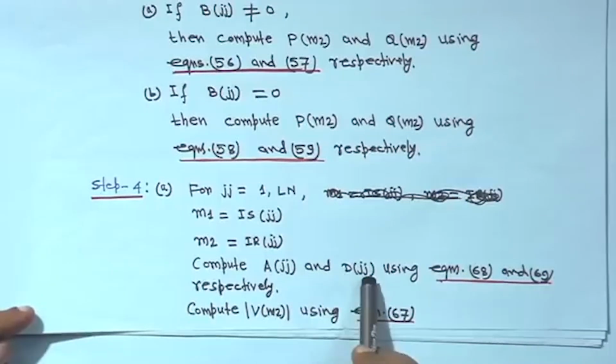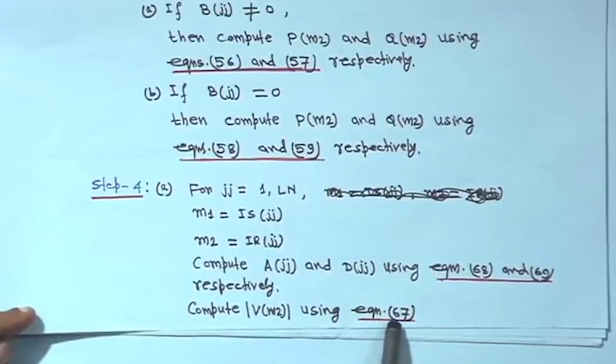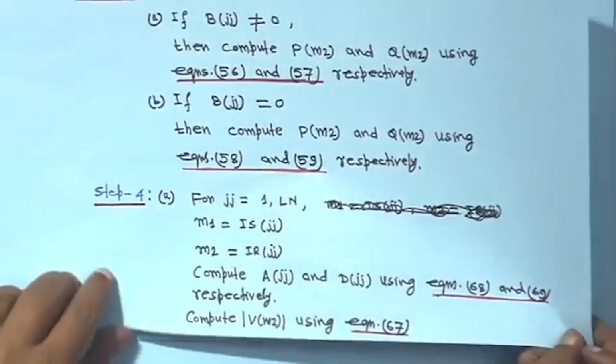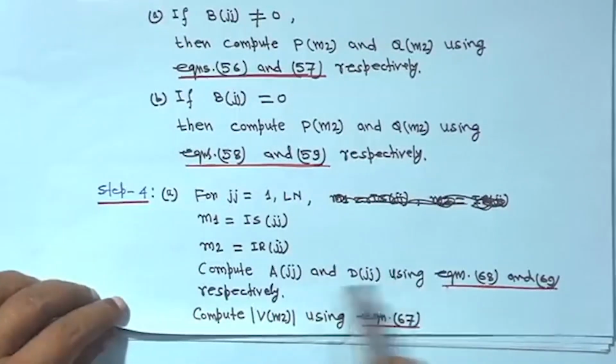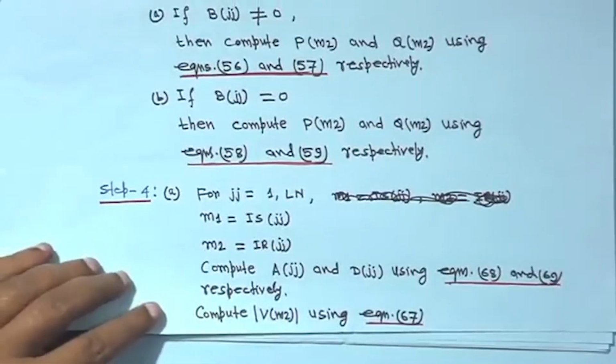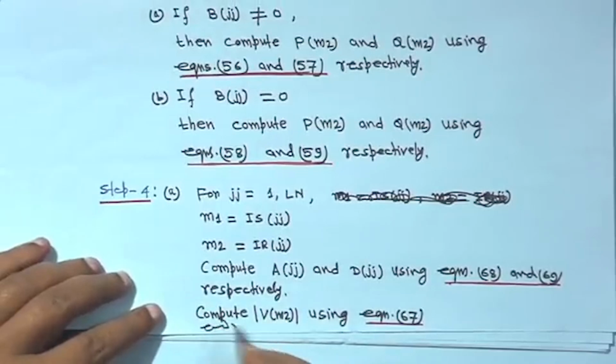Once AJJ and DJJ are done, then compute VM2 and the magnitude of VM2 using equation 67, then you compute the voltage magnitude, because first this expression is given, after that these two are given, right. Then this loop will be closed with an end. If you want, I can put some end here, right.